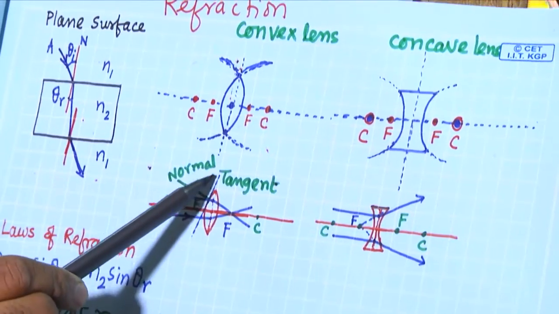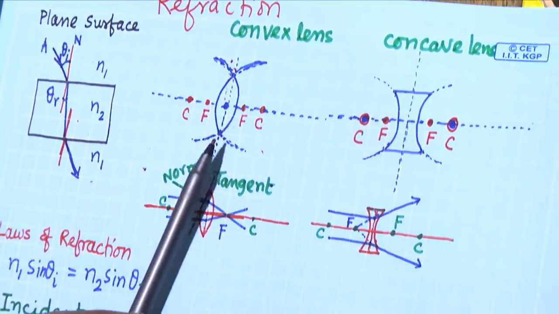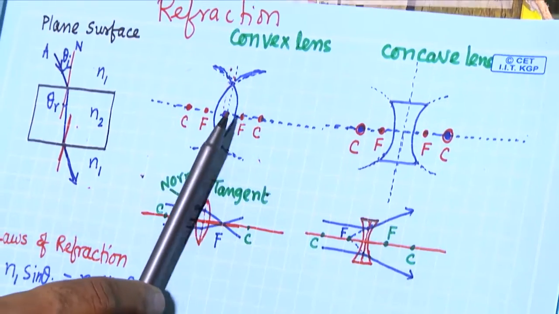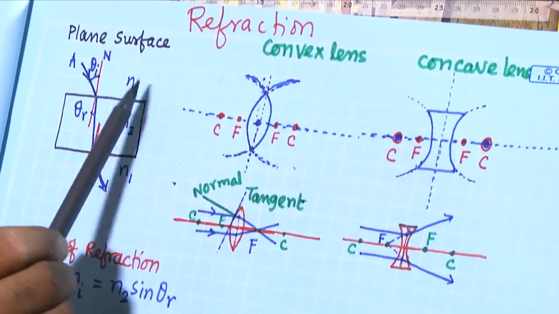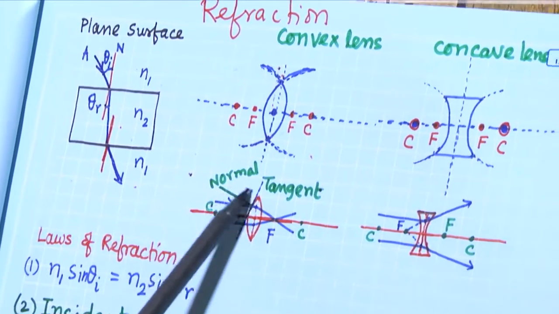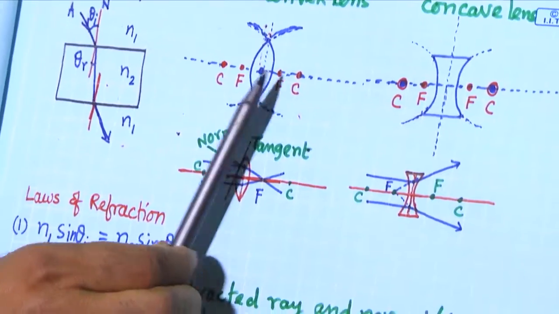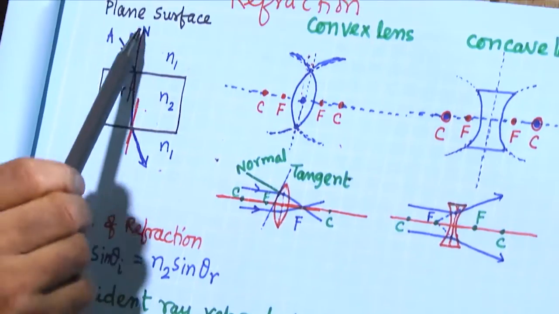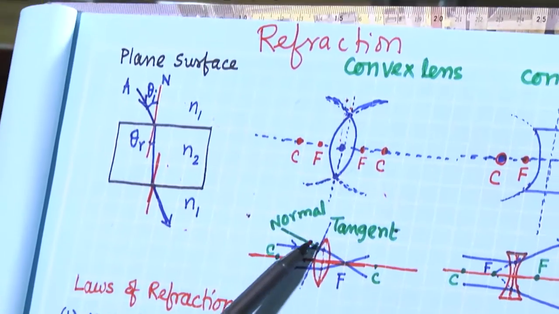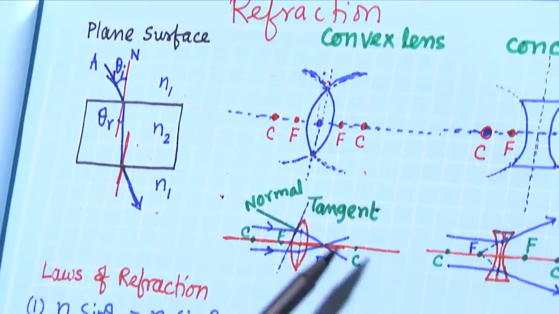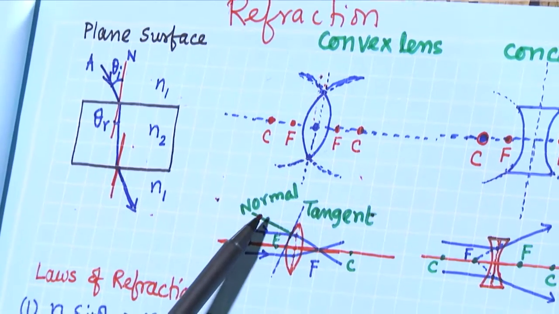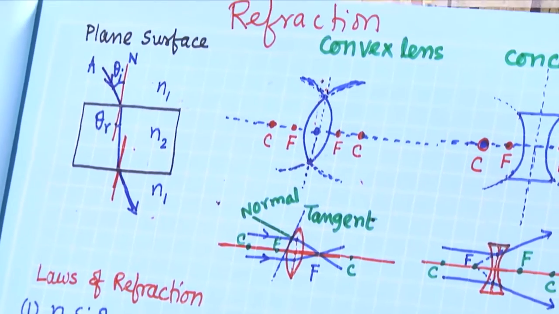There you draw a tangent and think of this tangent as the surface. Now, if you draw a normal on this tangent, with respect to this normal there will be refraction, and that refraction will follow Snell's law.